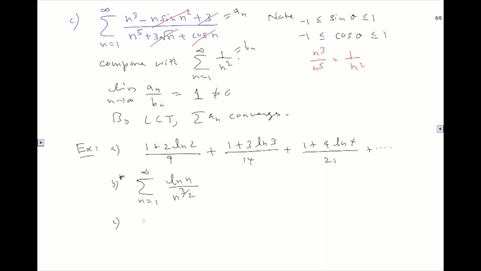And one last problem: the sum from n going from 1 to infinity of 3n^(5/2) minus sine n, over 2 to the 4 plus 7n. What can I say about this one?